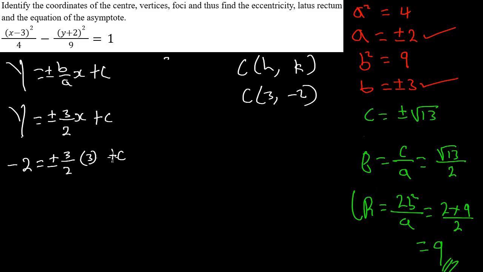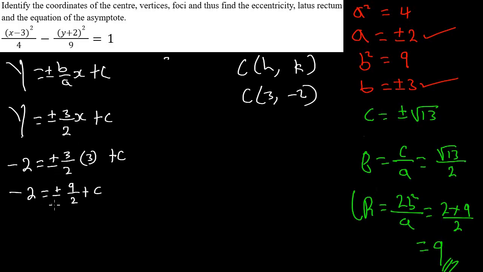Now we might be getting two values for c. That makes sense because we have two diagonals in the asymptotes, depending on the gradient. So let's plot the signs. But let's multiply first. We have minus 2 equals plus or minus 9 over 2 plus c. So basically I multiply this 3 with this 3 to get 9.